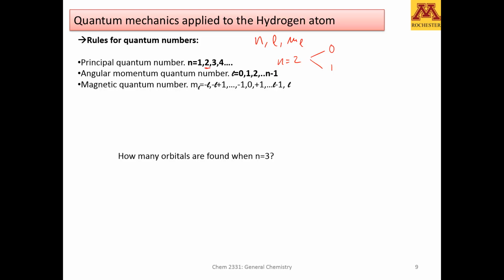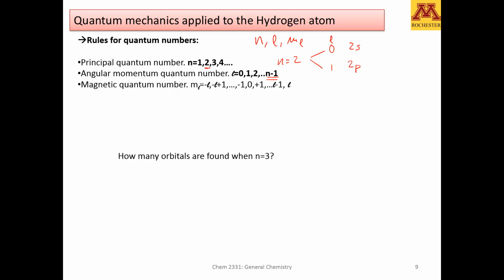This is why there's only a 2s and a 2p. When l equals 0, that's called a 2s, and when l equals 1, it's called 2p. There is no 2d because l cannot be higher than n minus 1.